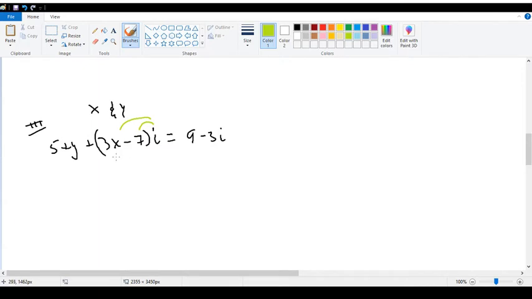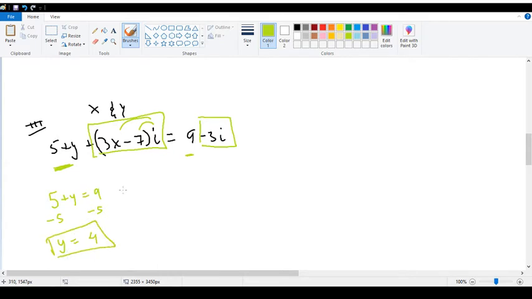And before I distribute that, this right here is the imaginary number, and this right here and this right here are the real parts. So I could set up an equation, 5 plus y equals 9. Solve for y, and y is equal to 4. So I get the 4 done.